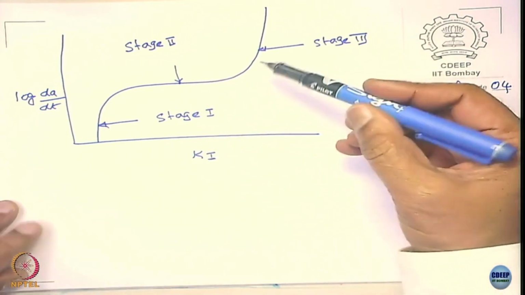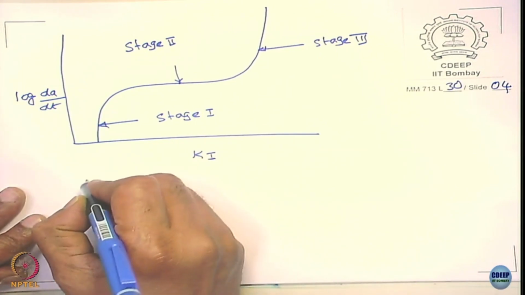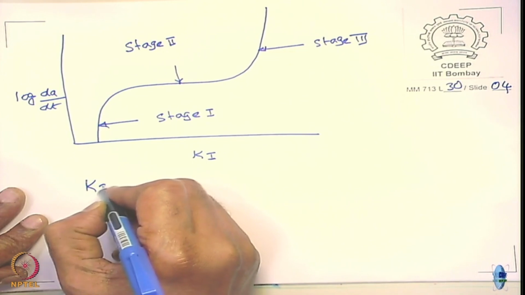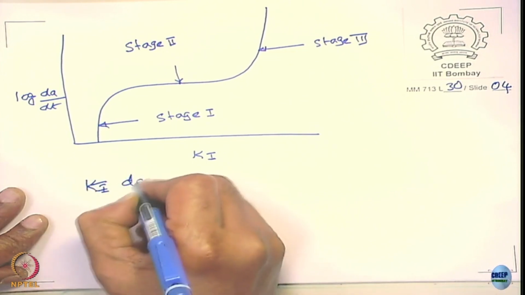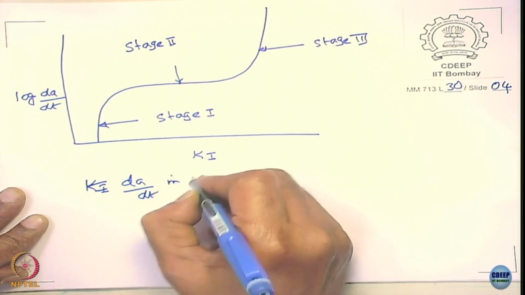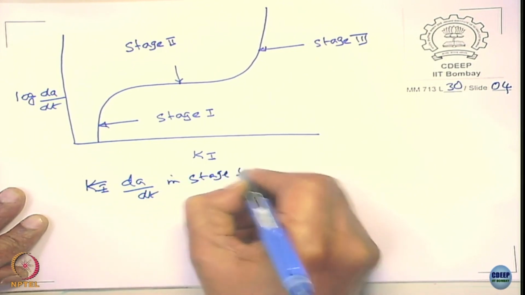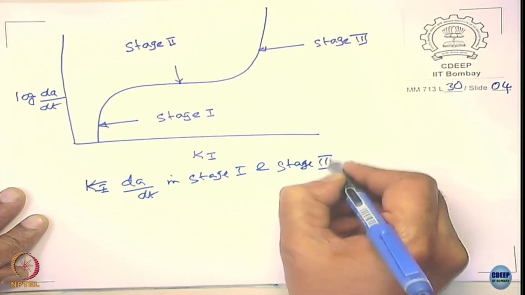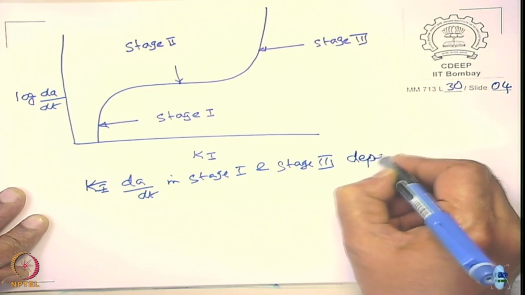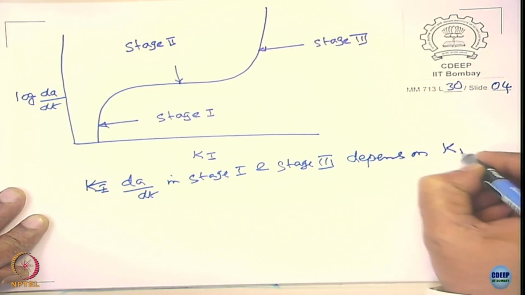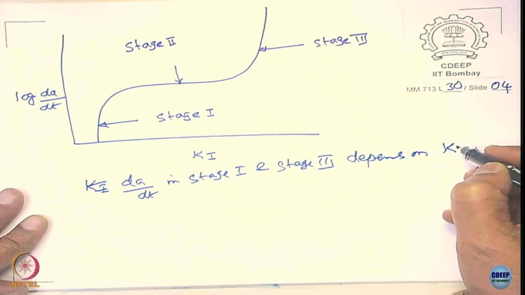Rather, it depends on what? So, the stage 2, that K1, dA by dt in stage 1 and stage 3 depends on applied stress intensity or crack tip stress intensity.